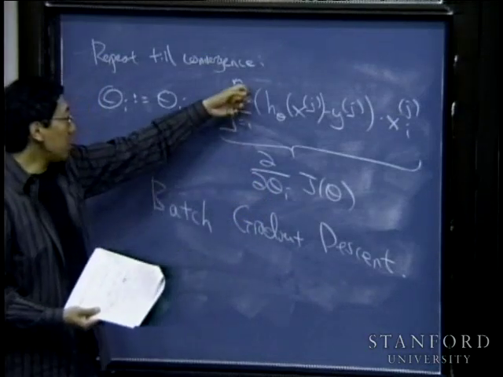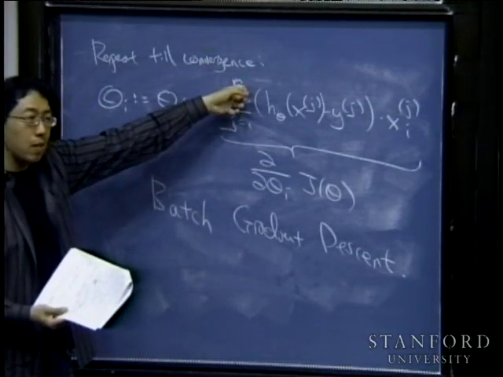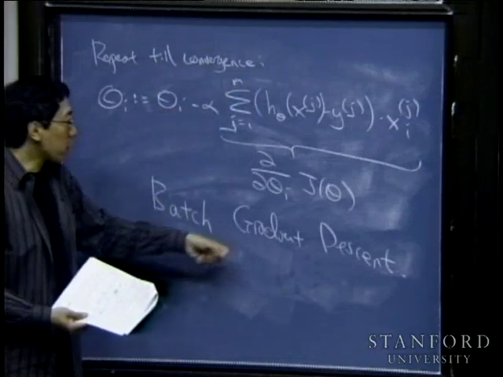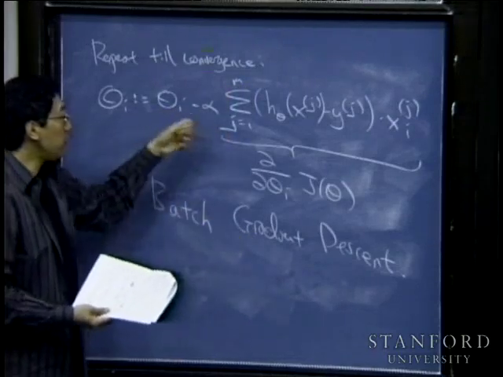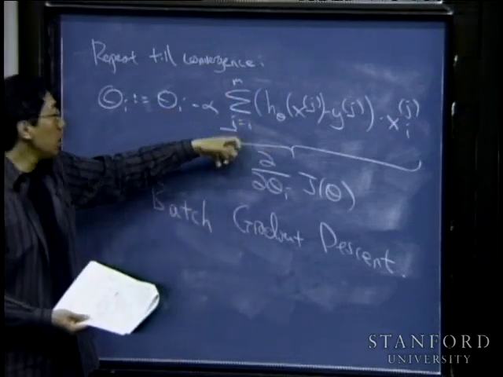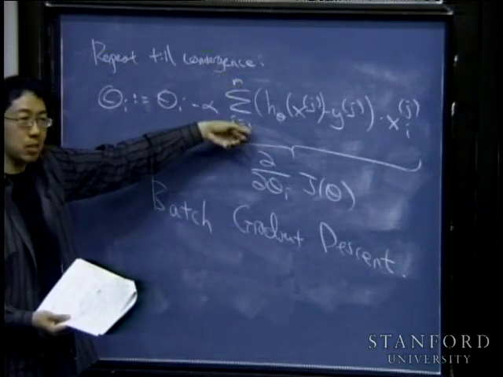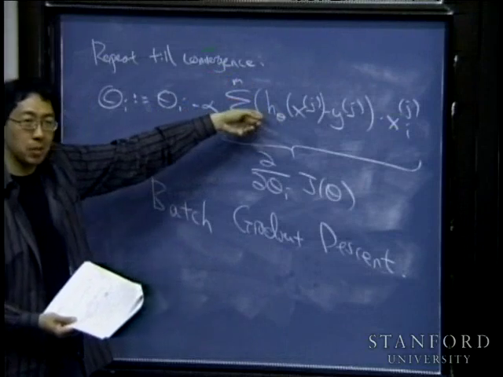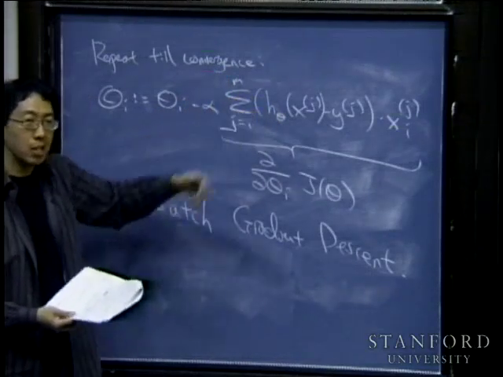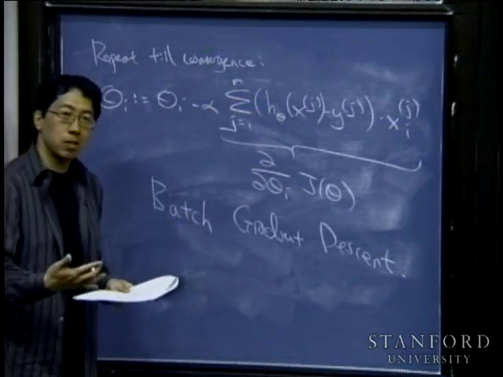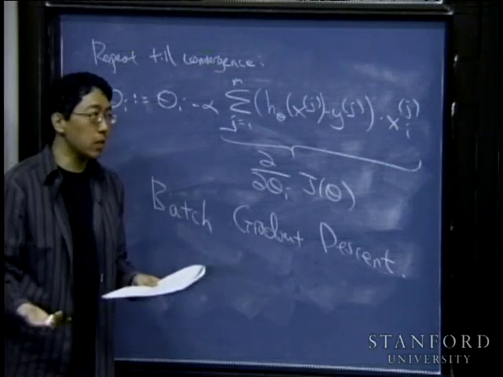So if m is a few million, then running batch gradient descent means that to perform every step, you need to perform a sum from j equals 1 to a million, and that's a lot of training examples for your computer program to look at before you can even take one step downhill on the function J of theta.